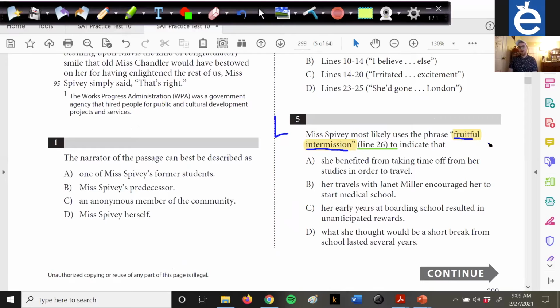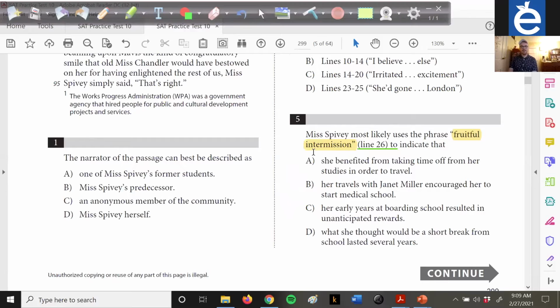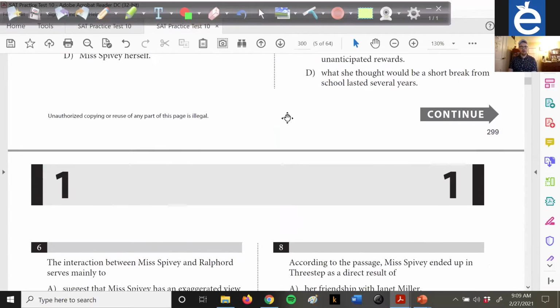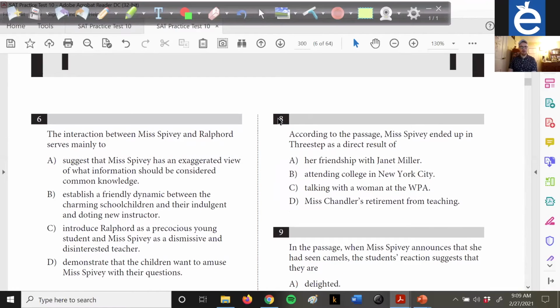But we're being asked less about the phrase's meaning and more about the speaker's intent here. So I would say that's still technically a line question, not a vocab and context. But remember, these categories only serve as helpful markers to decide which ones we're going to answer first. They're not hard and fast rules, but they are general guidelines.